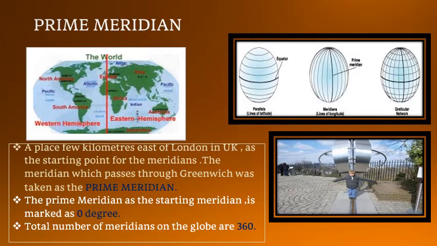However, the meridian of 180 degree east and 180 degree west is the same line. The prime meridian divides the earth into two equal hemispheres, that is, the eastern hemisphere and the western hemisphere.